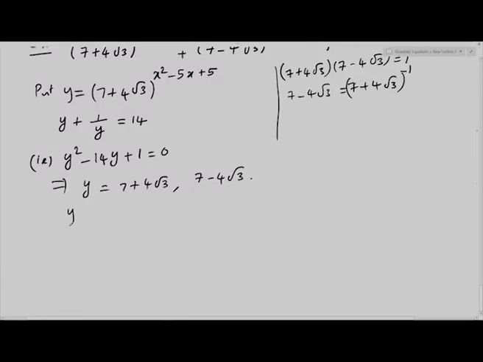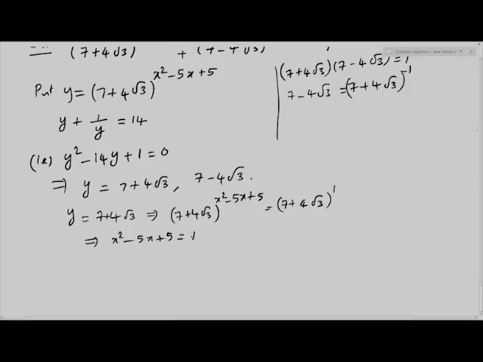So, y equal to 7 plus 4 root 3 gives 7 plus 4 root 3 whole to the power x square minus 5x plus 5 is equal to 7 plus 4 root 3 whole to the power 1. So, this forces that the power x square minus 5x plus 5 is equal to 1.